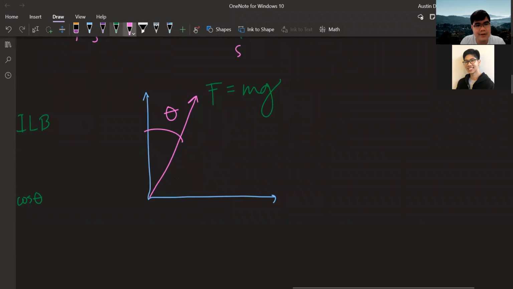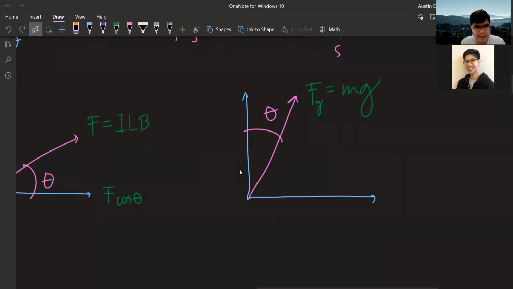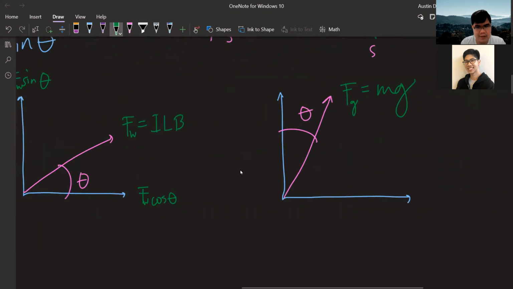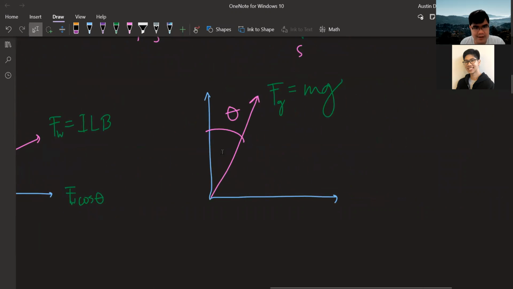So therefore, yung FG, lagyan natin FG. FW. Okay. So yung force na nandito is FG cosine theta.